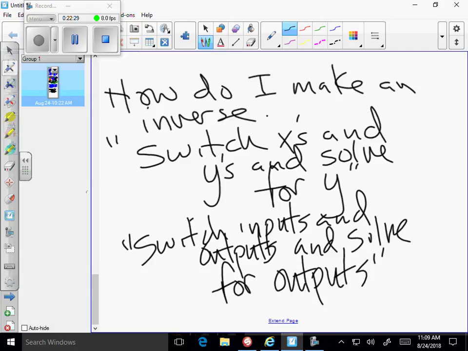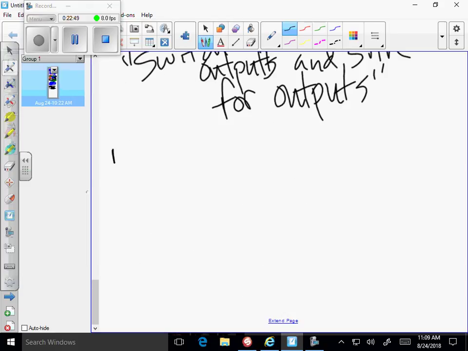But I'll tell you, Riley, in 26 years of teaching, I haven't been able to get any kid to switch to this. Everyone always tells me this. But that's okay. Just switch inputs and outputs, switch x's and y's, and solve for y.